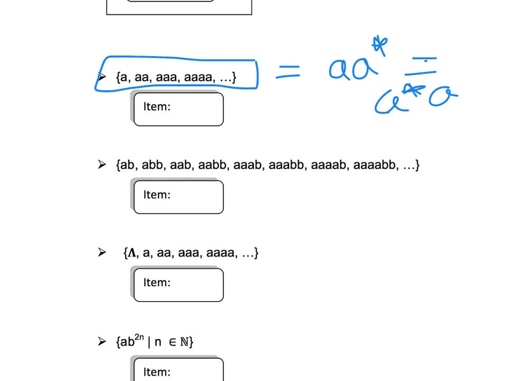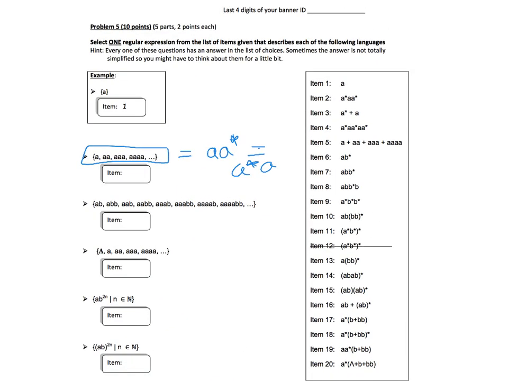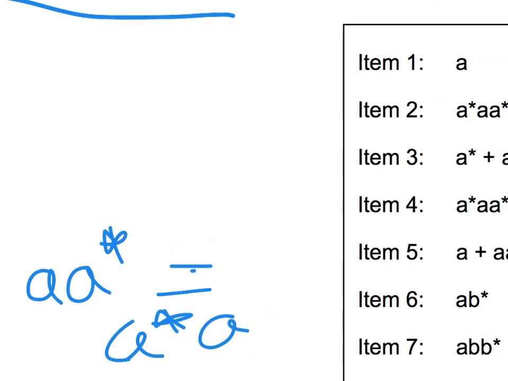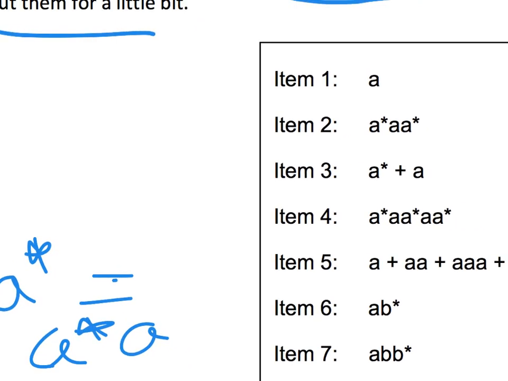But of course, in this problem, I said, be careful. Sometimes the answer is not totally simplified, so you might have to think about it for a little bit. So we're looking for something that is the same as A star A. And it's definitely not item 1 because that is just A. And take a look at item 2 for a minute. What have I got? I've got A star, A, A star, right?